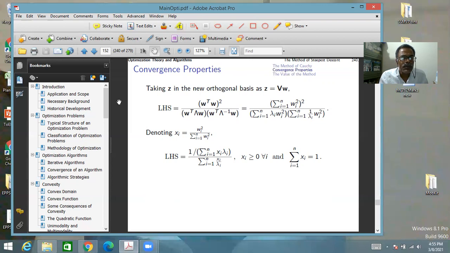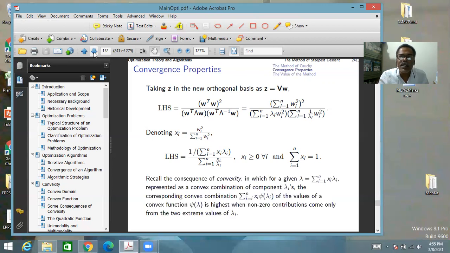And now we will use a consequence of convexity which we saw in our earlier lecture on convexity. That is, for a lambda broken into several lambda i's, lambda 1 to lambda n, in a particular manner by taking xi coefficients, which are like this.